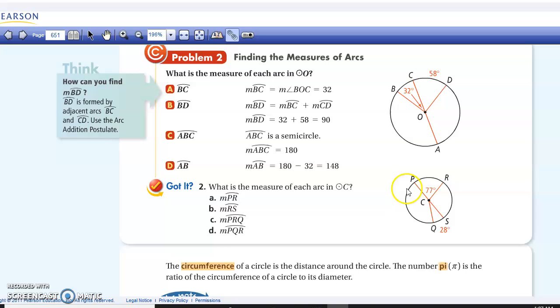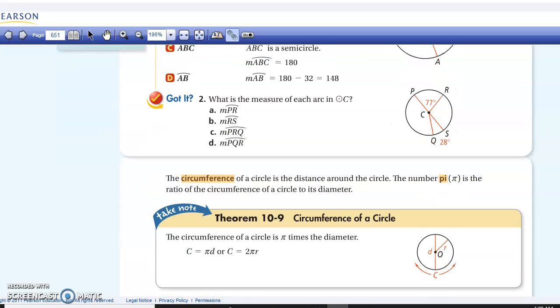That means it's all around in this direction. Now, we know that PR is 77. If we know that all around is 360, to find PQR, to find this part will be 360 minus 77. That will be 283. Please try with your calculator, and then we will do some exercises to practice.